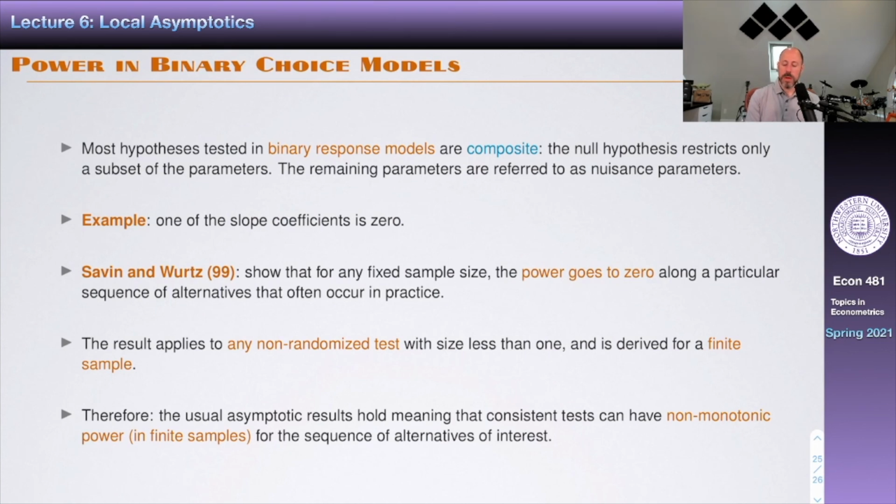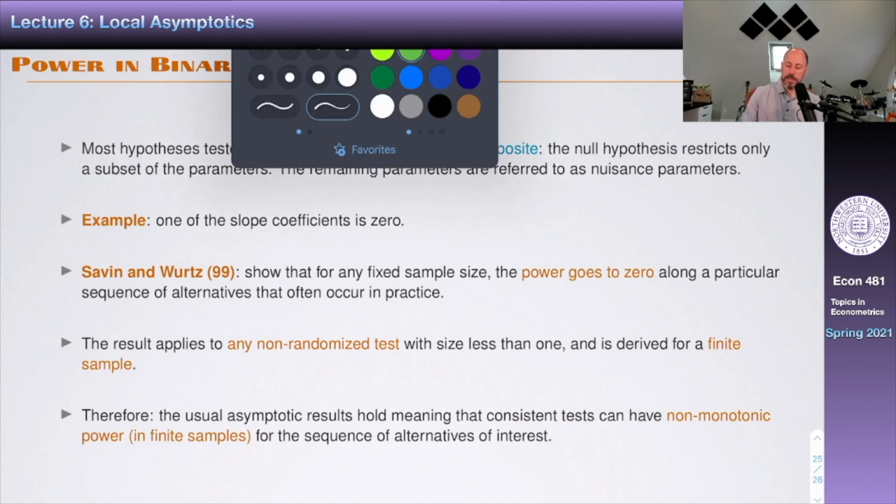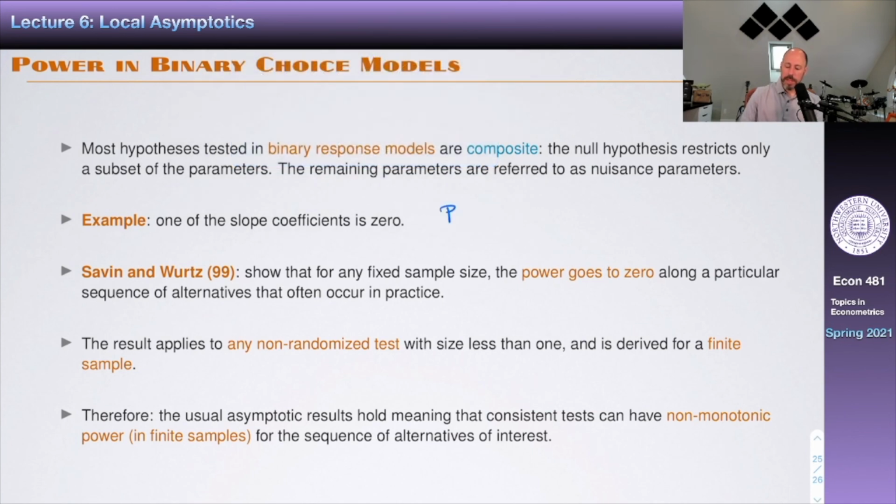And then what this paper showed, okay, was that if you had a binary choice model, and by that I mean, imagine that you have a model where the probability that yi is equal to 1, conditional on x being equal to little x, and then you assume that that is F of x prime beta with F known.